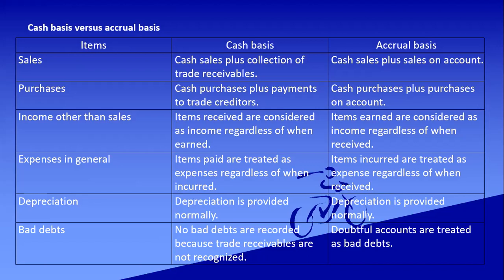In other words, what matters is the receipt or the payment. Now, for expenses in general, under the cash basis, items paid are treated as expenses regardless of when incurred. Under the accrual basis, items incurred are treated as expense regardless of when paid.